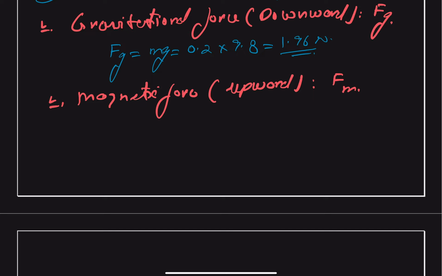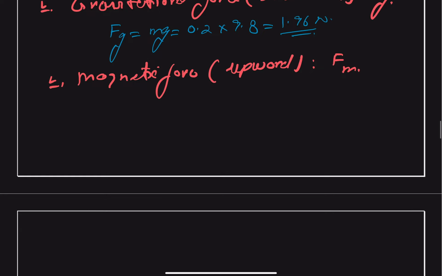Now in this case, because it's said that the bar is moving at a terminal velocity, the bar moves with a constant velocity, and that is going to induce an EMF, and that EMF is going to induce a current, which produces a force opposite to the gravity. So the magnetic force is acting in the upward direction, and that will be produced because of the current induced by the bar which is moving in the downward direction in the presence of the magnetic field.